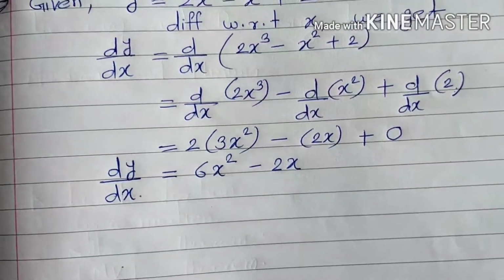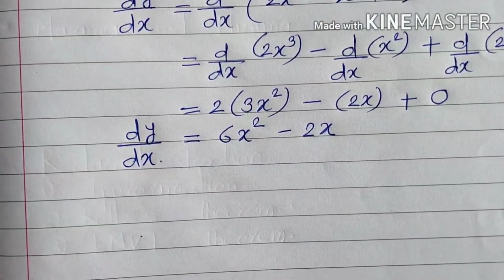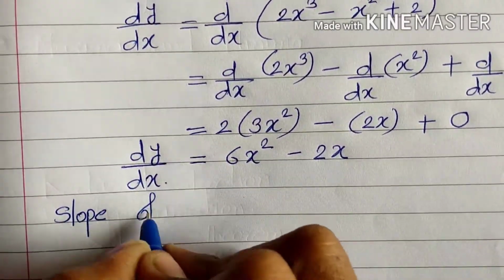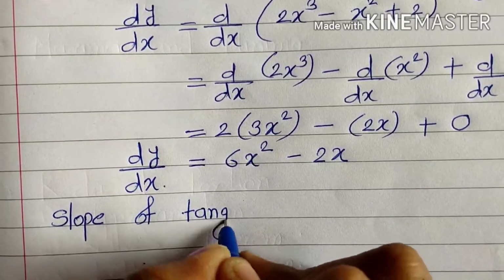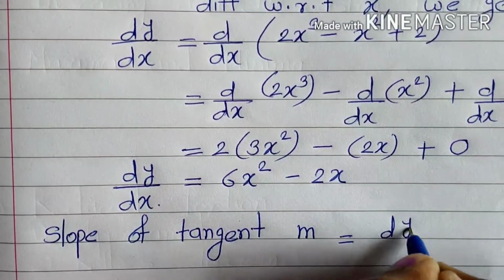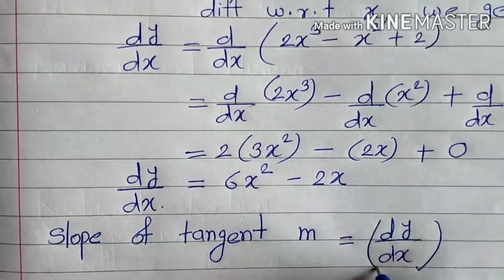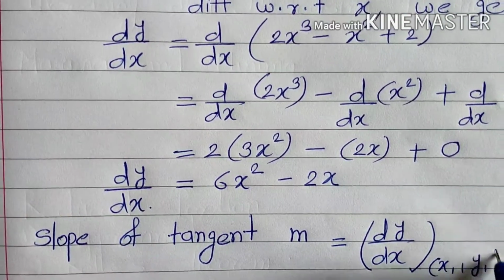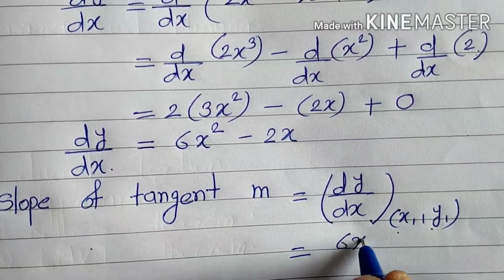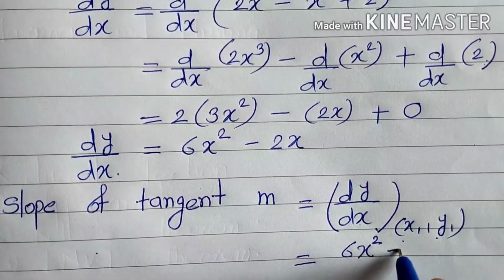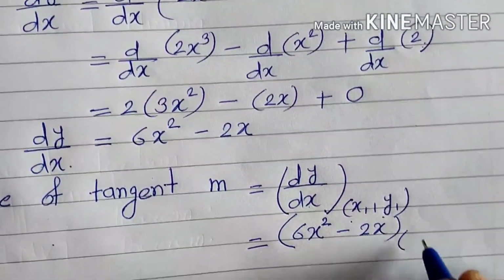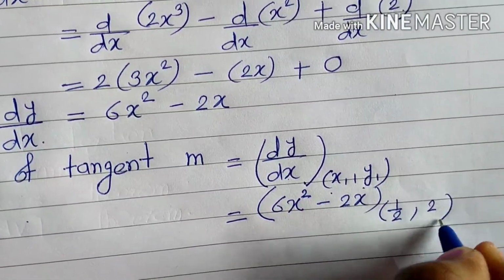Now for finding equation of tangent we want to find first the slope. So slope of tangent m is equal to dy by dx at (x1, y1). Here (x1, y1) is our point. So write dy by dx is 6x square minus 2x and our point is (1 by 2, 2).